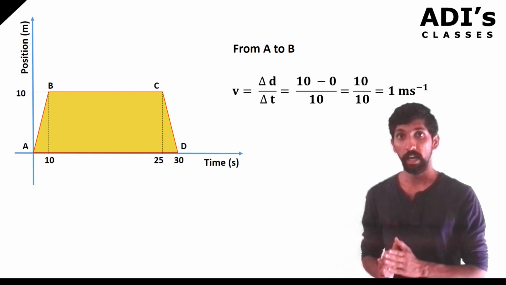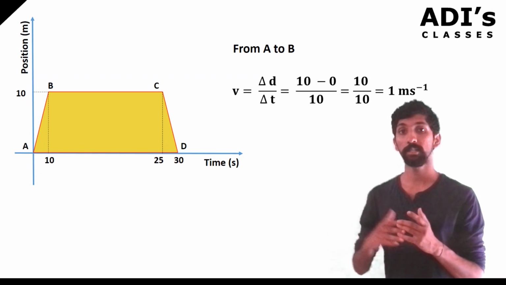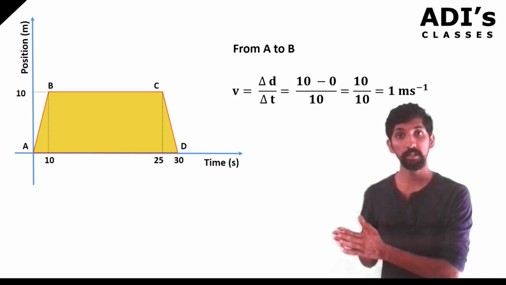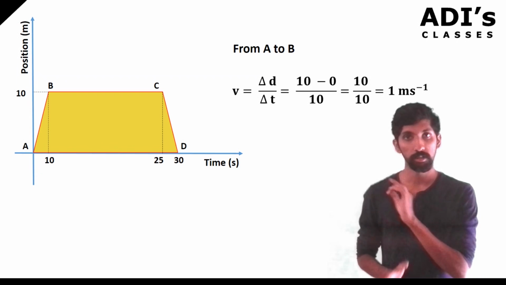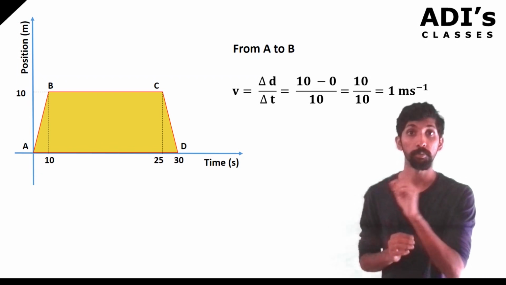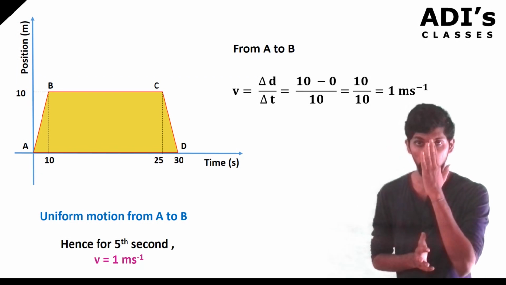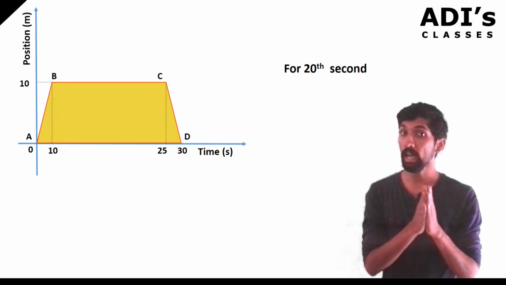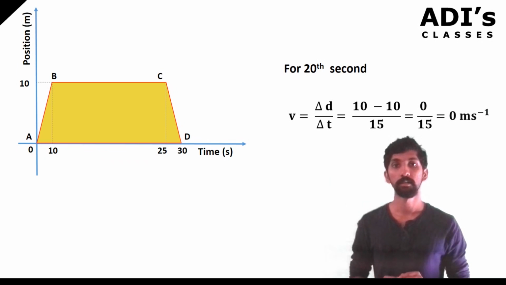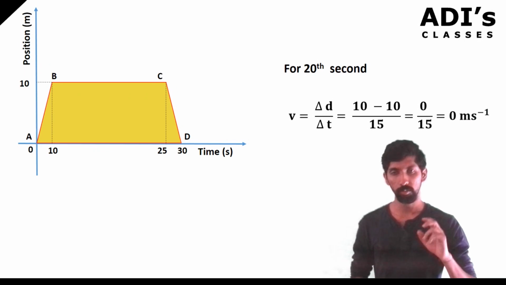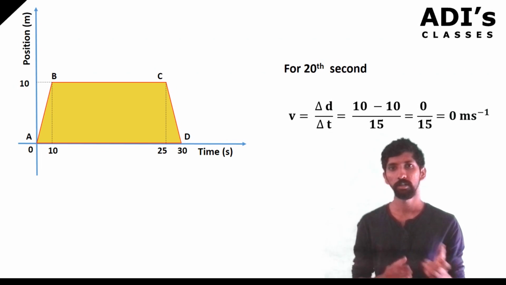Understood? The same way, at 20th second, as you can see, from 10th second to 25th second the position is 10 meters itself. Now the velocity at 20th second is the change in displacement over time.